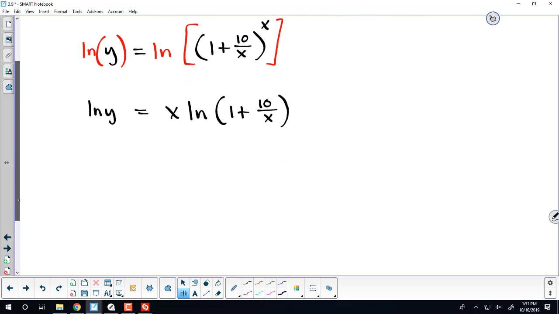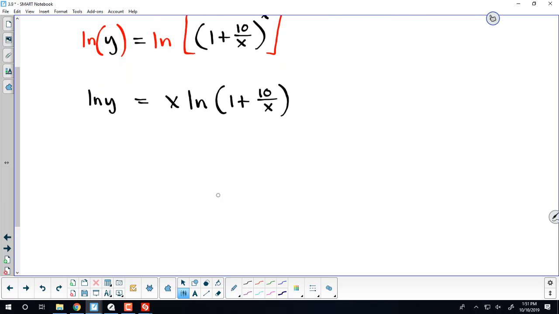So we're going to differentiate both sides. The derivative of ln y is y prime over y. Most everyone is comfortable with that, saying that the derivative of the natural log of something is 1 over its argument times the derivative of its argument. It isn't any different when we take the derivative of that natural log there.